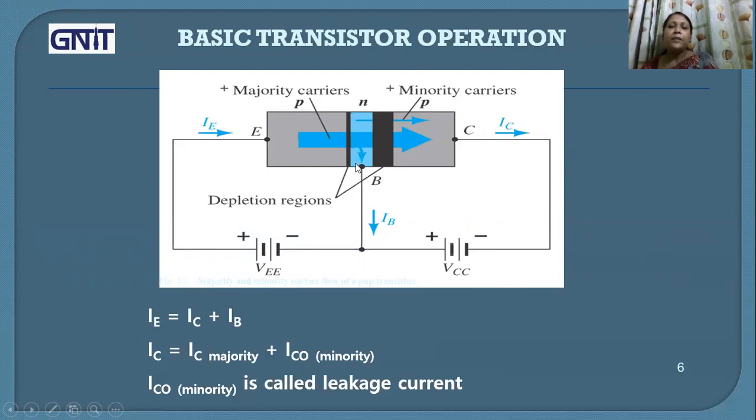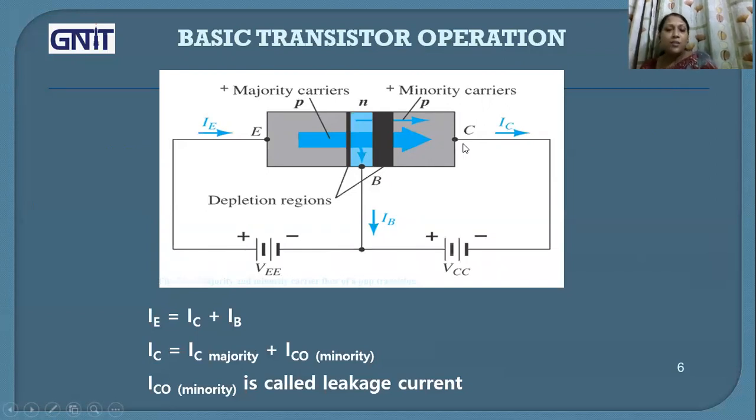In this way, a point of time may arise when this base region is completely covered up with the depletion layer. And at that point of time, due to the forward bias applied at the base emitter region, electrons or holes, whatever be the majority carriers, will punch through the depletion layer across the base and reach the collector region.